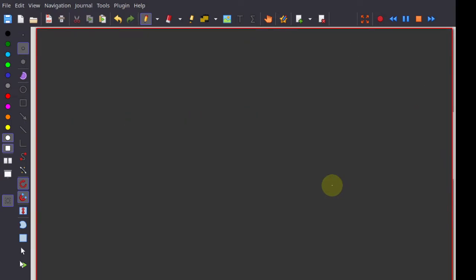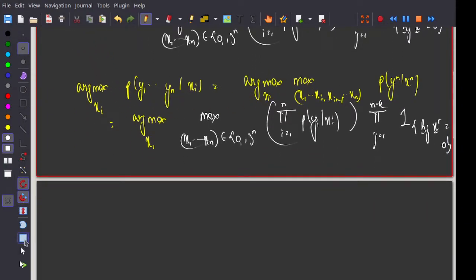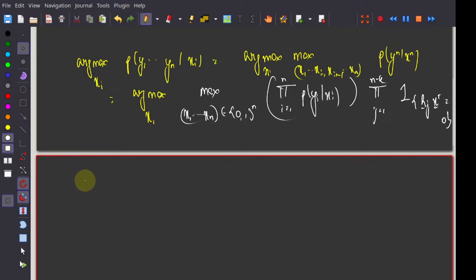The other way, so this is in fact the blockwise ML estimate, but you can also find the code word bit ML estimate in the following way. Argmax over xi.